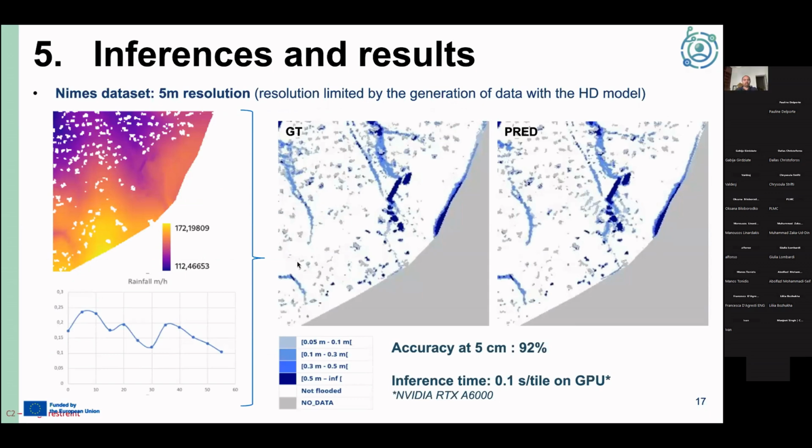Exactly. So I wanted to ask how I can compare these two. On the left side, what do you have? And on the right side, what do you have? On the left, I have the ground truth, and on the right, it's the prediction.